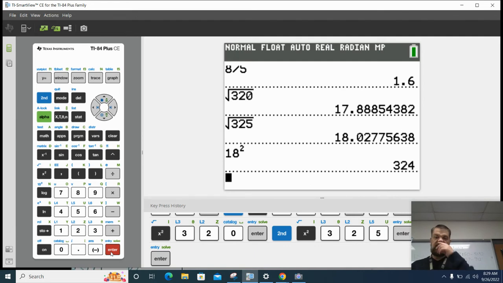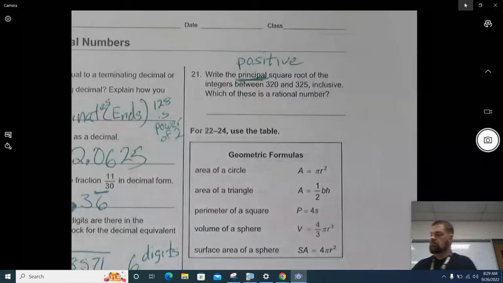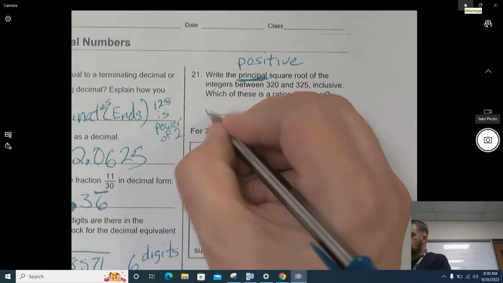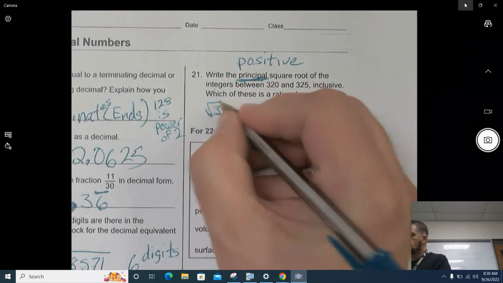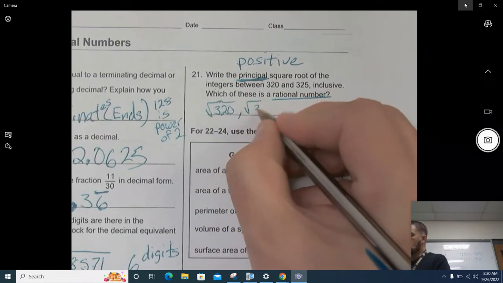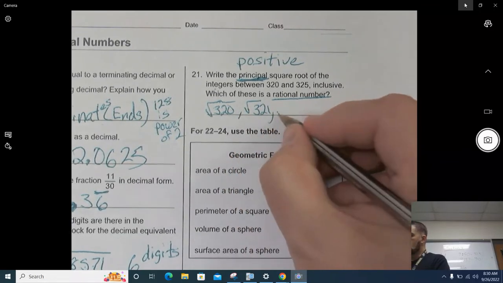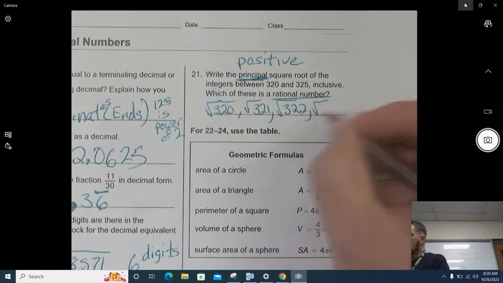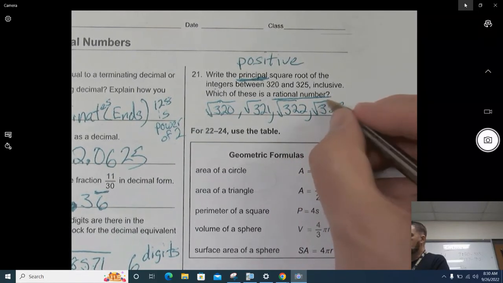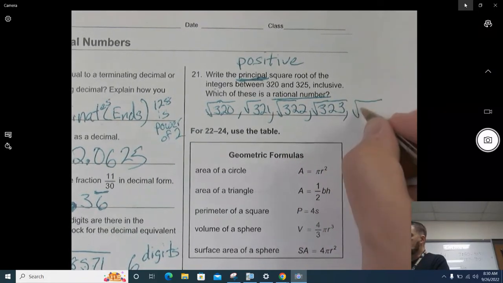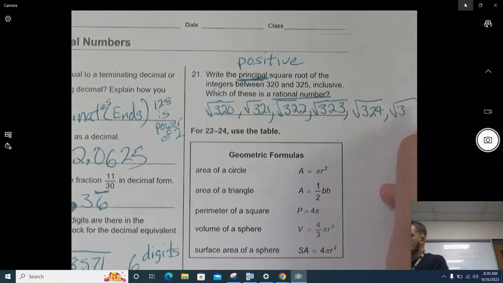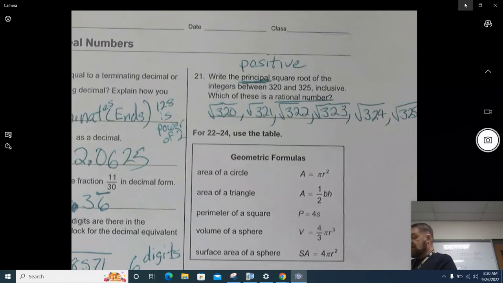So in other words, they're saying if you go the square root of 320, 321, 322, 323, 324, and 325, one of those is rational.